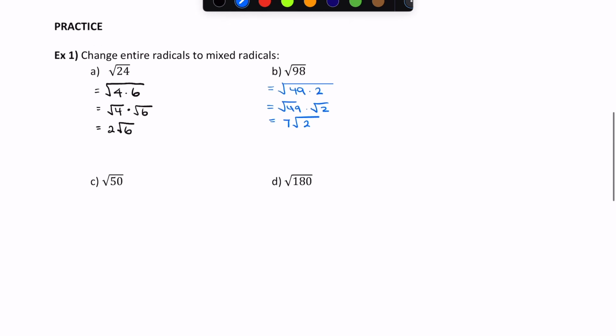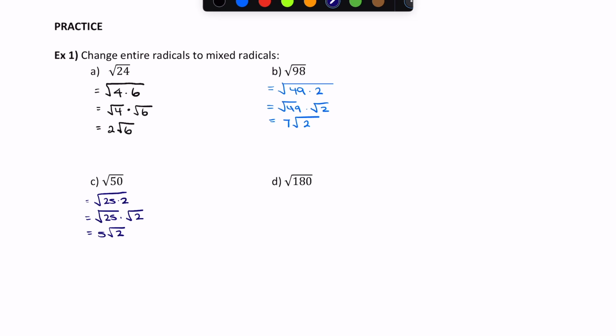Here, when we have square root 50, think about again the two numbers. That'll be 25 times 2, square root 25 times square root 2, which will give you 5 square root 2.